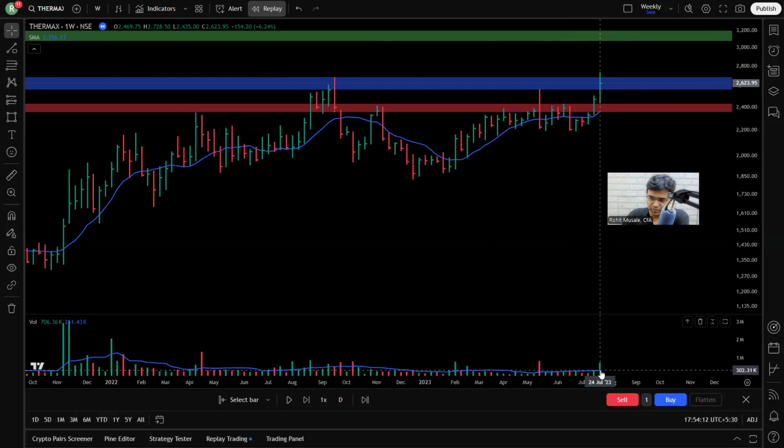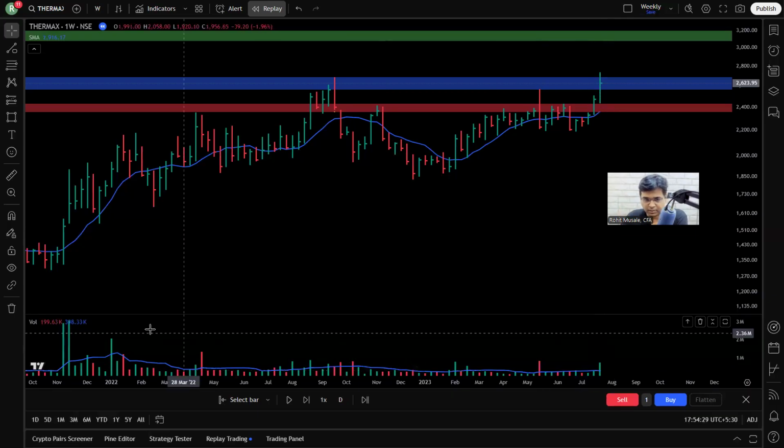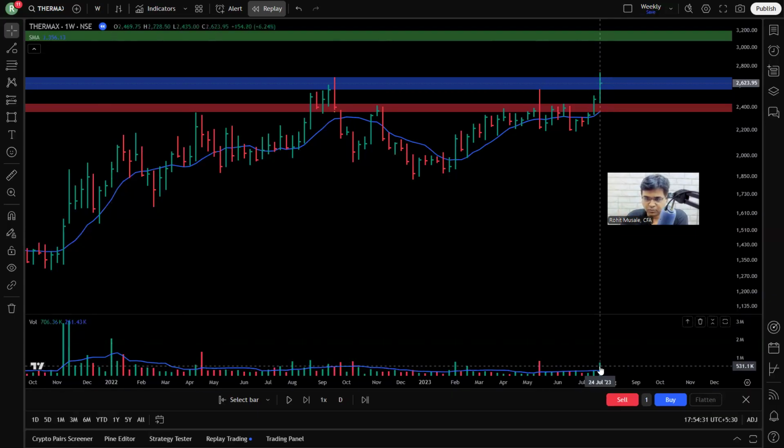And see, only 2 days have passed, but still the volume has already crossed more than 100% of average weekly volume. So what's the average volume? 261,000 shares traded. But just in 2 days, have a look at this. Just in 2 days, the volume has crossed more than 100% of average daily volume.